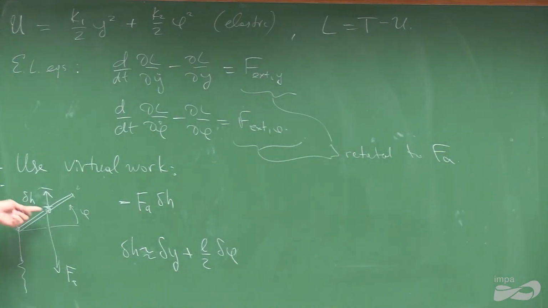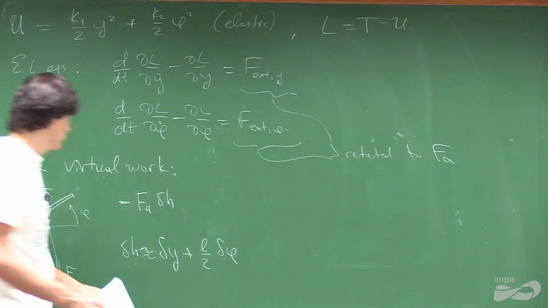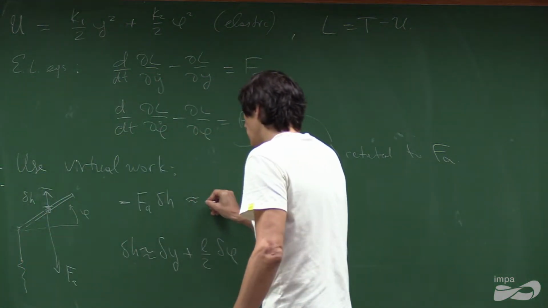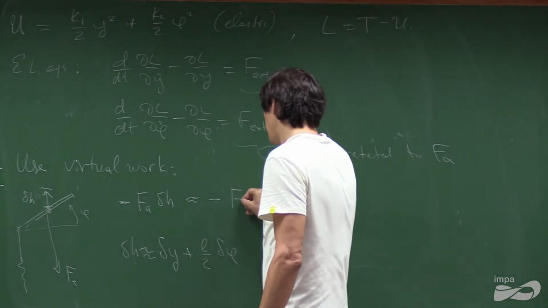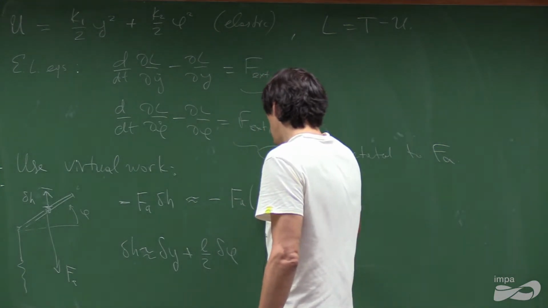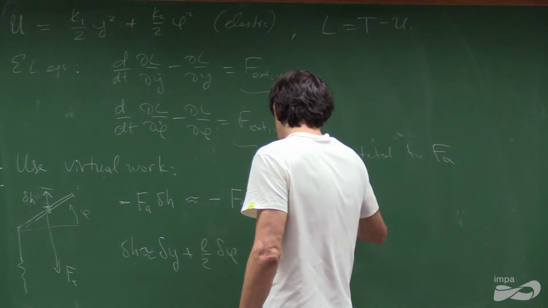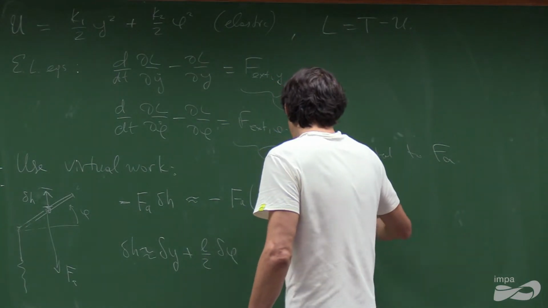So the change of the position of the middle can be computed as a change of the left-hand side plus half of the distance multiplied by change of the angle. So it's minus Fa (delta y plus L over 2 delta phi).